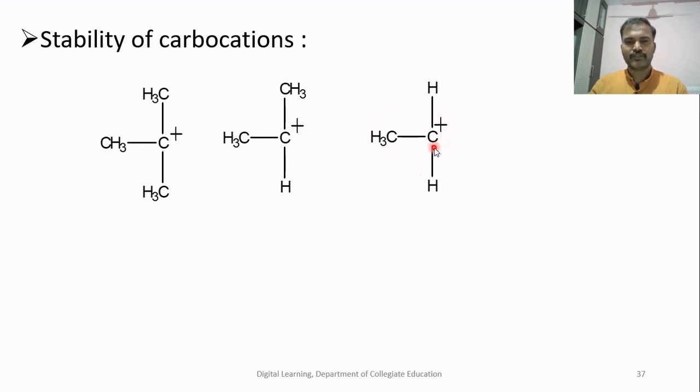As we know, as the number of hyperconjugation interactions increases, the stability of the carbocation also increases. So, these carbocations follow this order. Tertiary carbocation is more stable when compared to secondary. Secondary carbocation is more stable when compared to primary. This is how we can use the concept of hyperconjugation to explain the stability of carbocations.